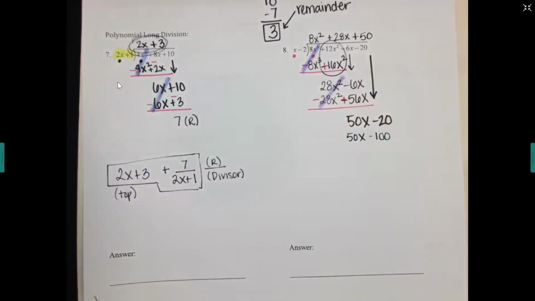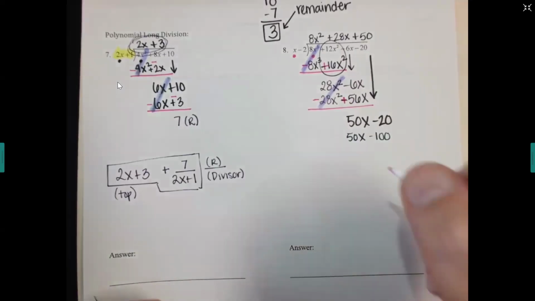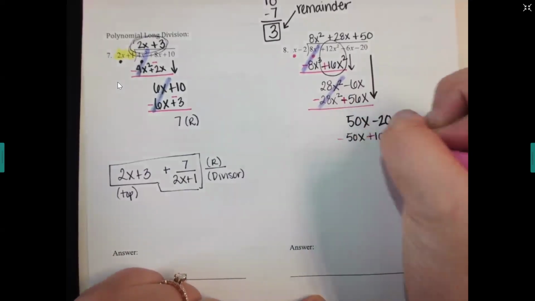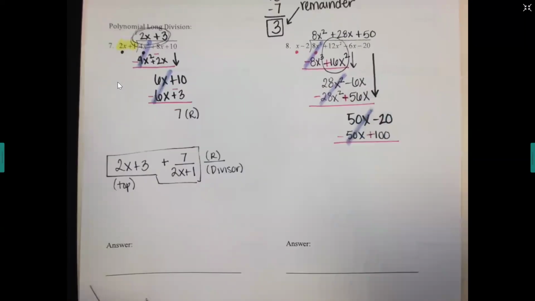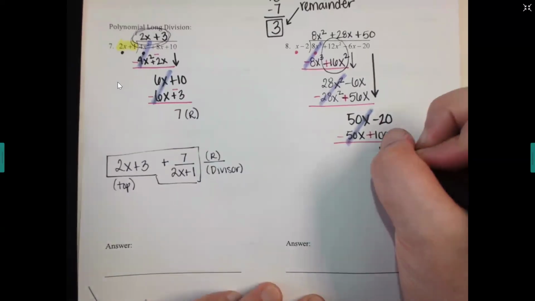So my 50x is going to go minus, my 100 is going to go plus. So it'll be a minus on this one, plus on that one. 50 minus 50 is going to cross out. And then if I have 100 take away 20, what's my remainder here? 80.